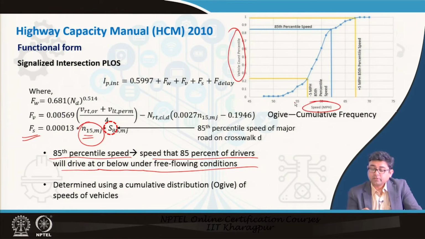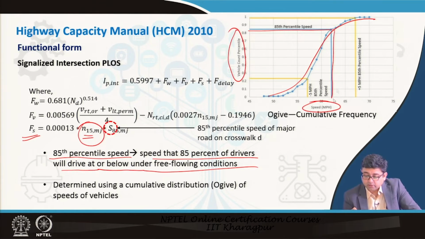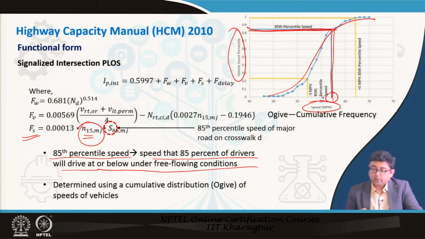If you draw the 85th percentile speed and extend it to the x axis, you will know the speed at which 85% of the vehicles are moving. That is the speed we want to know.